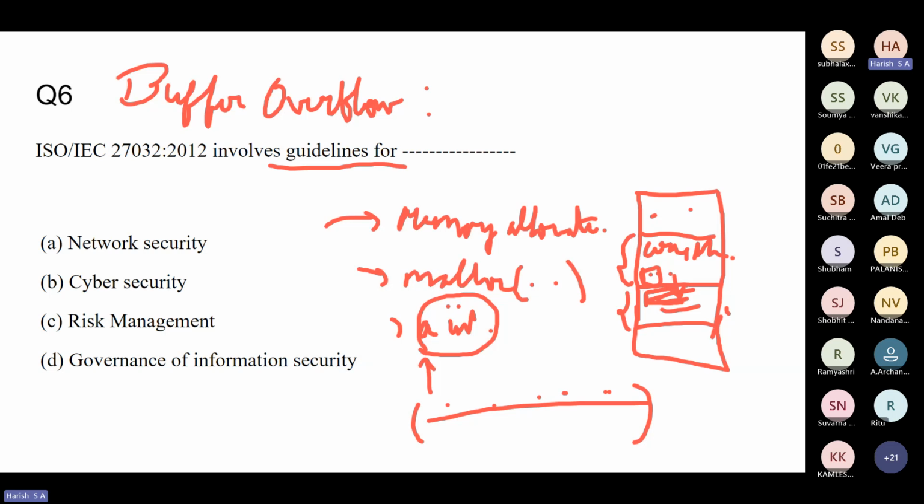So if an attacker can find a way to inject code in the space of this variable, and this variable overflows into this execution block, let's say. Okay, it overflows. Then what happens? The code that the attacker just injected gets executed by that program.